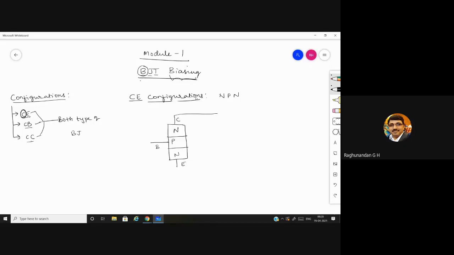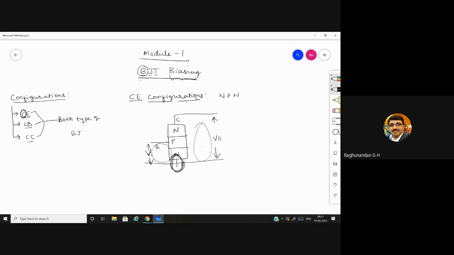Now here we are going to take the output, and here we are going to give the input. See, this is the input circuit and this is the output circuit. For both the input circuit and output circuit, the emitter terminal is common. That's why it is called common emitter configuration.